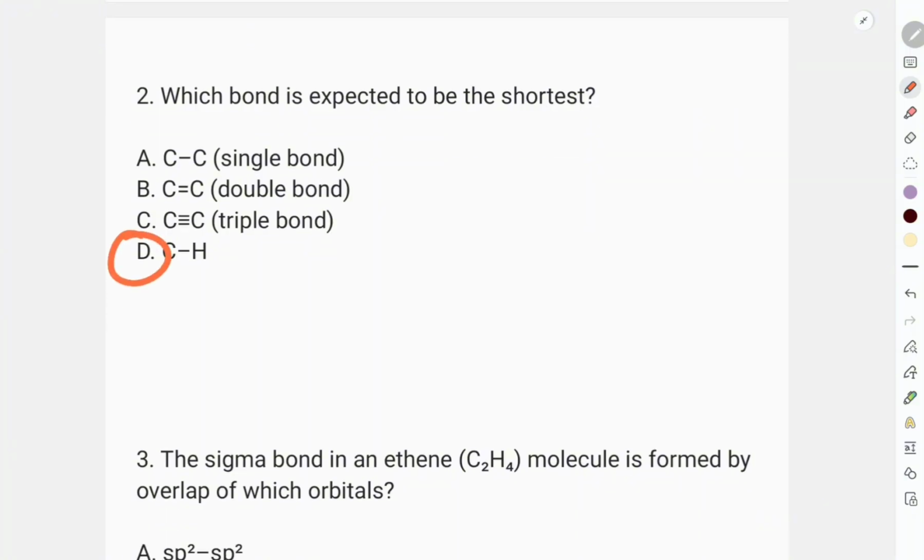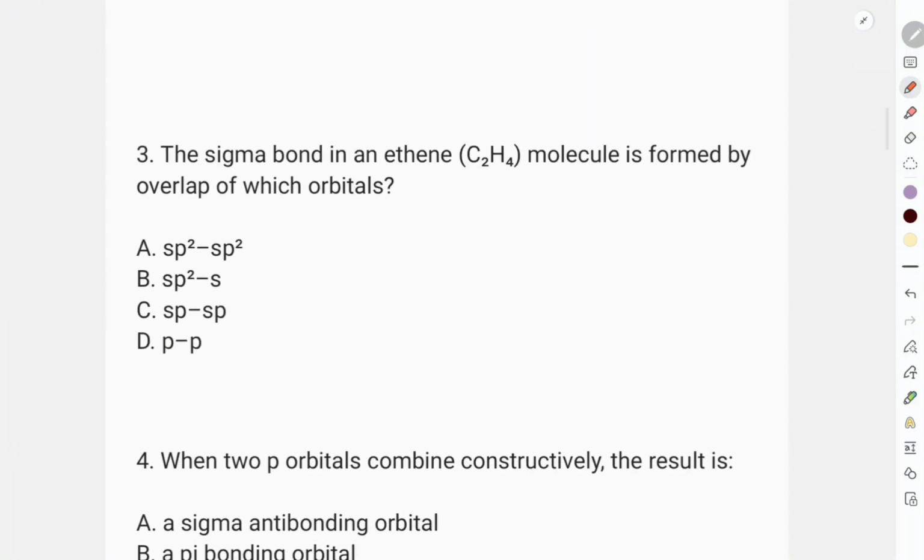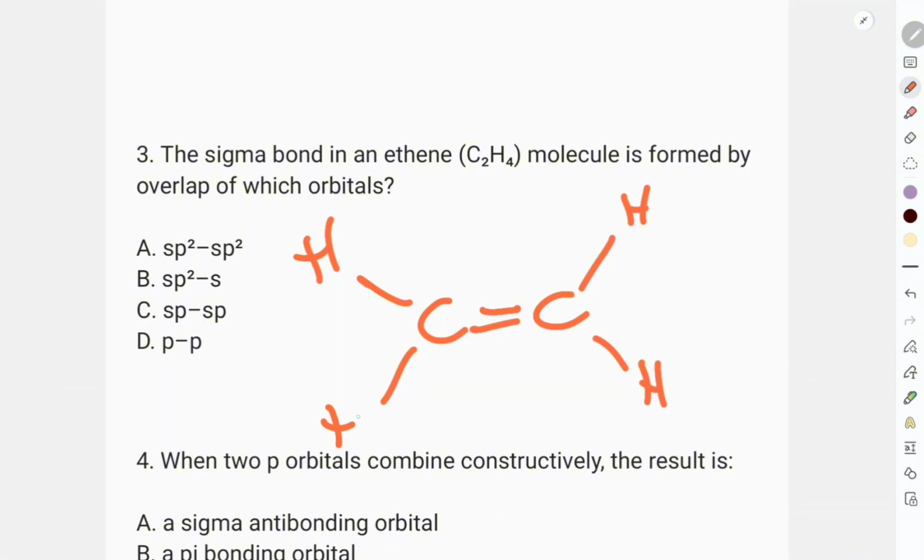D. Okay, great. So question 3 says the sigma bond in an ethane molecule is formed by the overlap of which orbitals? Now, I'm going to do what I did before. I'm going to draw out the molecule, and I'm going to use my little trick.